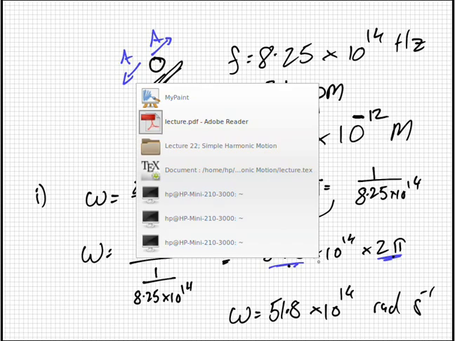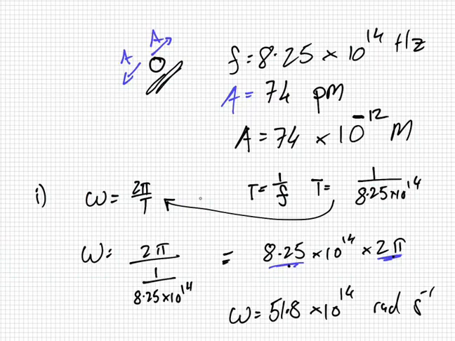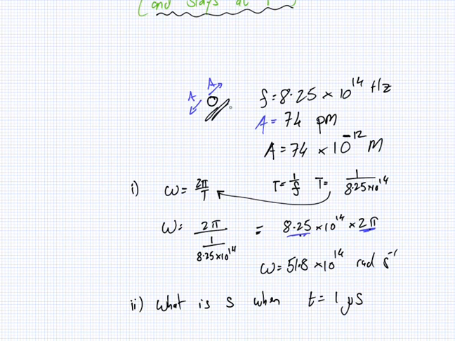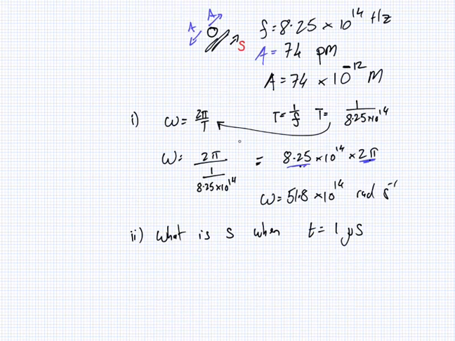Next question. You got that? What is S when t equals 1 microsecond? So I want to know what the S is after 1 microsecond. What formula could I use here?